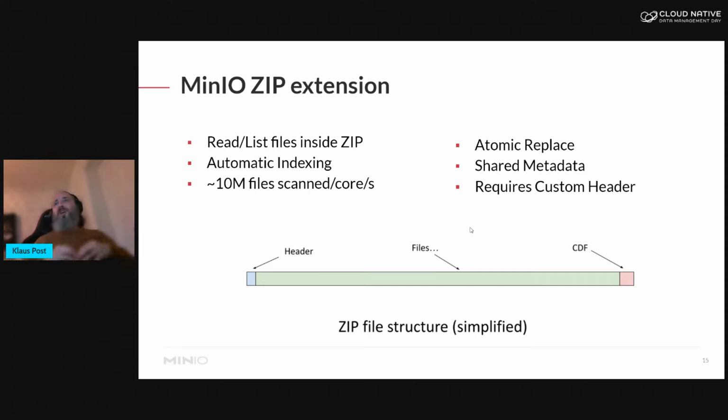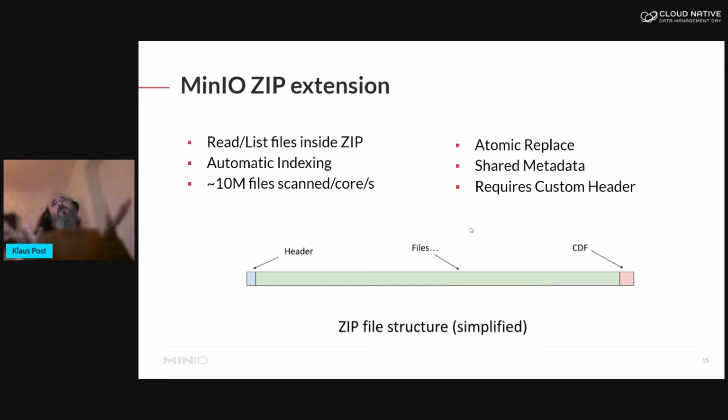So you're basically able to extract a single file from inside a zip file with the same efficiency as opening a regular small object on the server.